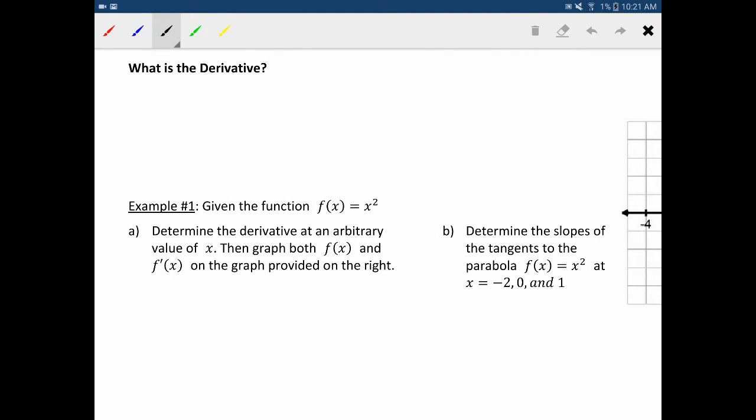Well, I'm going to say the derivative of a function, so of f of x. We start with a function f of x, and this is going to look very familiar.